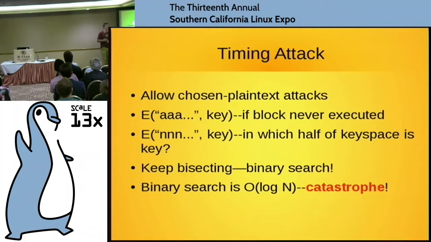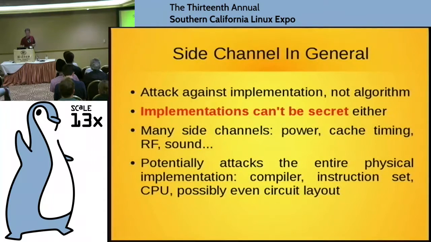Maybe it's all N's. Now here's the interesting thing. Whether or not the branch is taken, either every time or never, will control whether it takes the same amount of time as with the A's or longer. And that will tell you which half of the key space the key falls in. And then he can bisect that again. And now you should have a sick feeling in your stomach if you're a programmer. That's binary search. And it runs in log-n time, which means it can actually deal with these enormous key spaces that we try to saddle the attacker with. In fact, you can just recover the key this way.